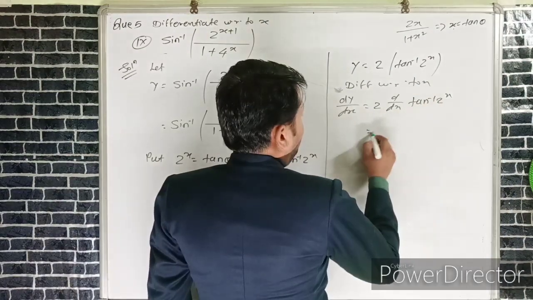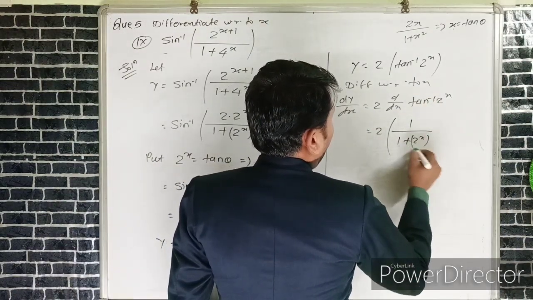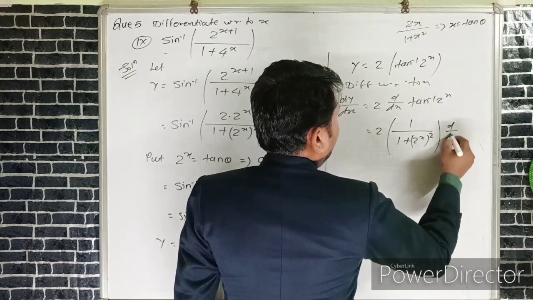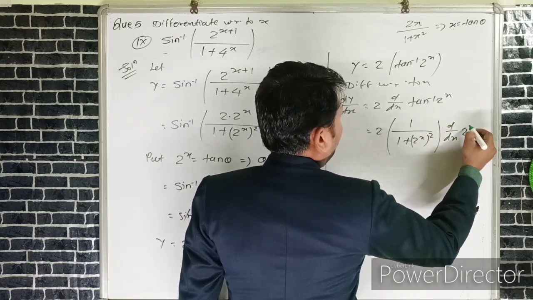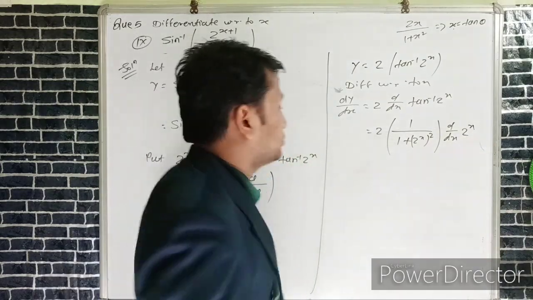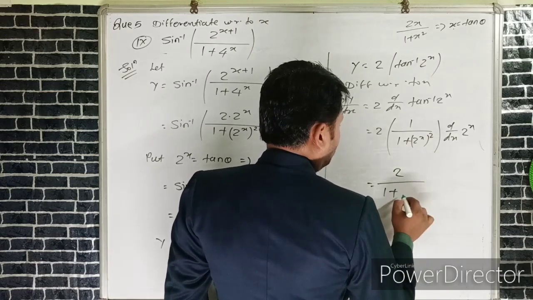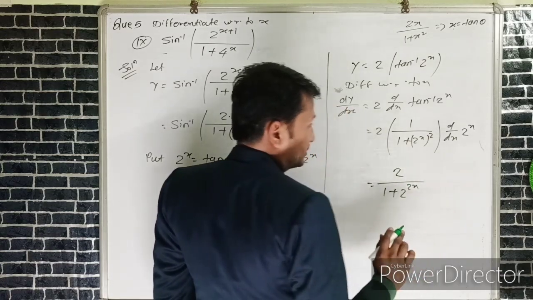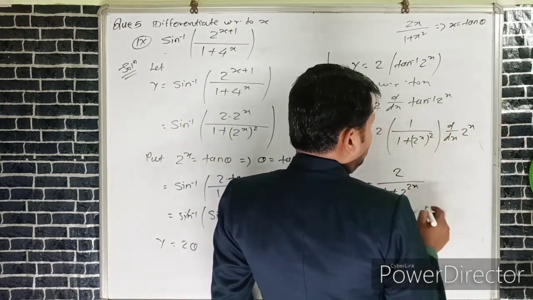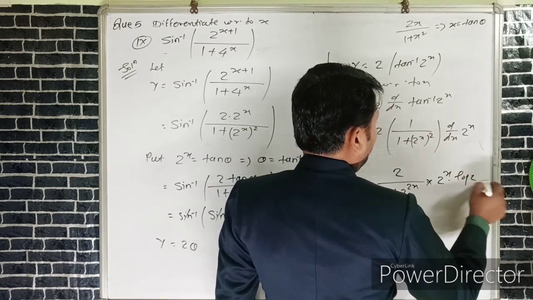The derivative of tan inverse of 2 raised to the power x is 1 upon 1 plus 2 raised to the power x whole bracket square, and we take again the derivative of 2 raised to the power x. So 2 into 1 is 2 upon 1 plus 2 raised to the power 2x. The derivative of 2 raised to the power x is 2 raised to the power x into log 2.